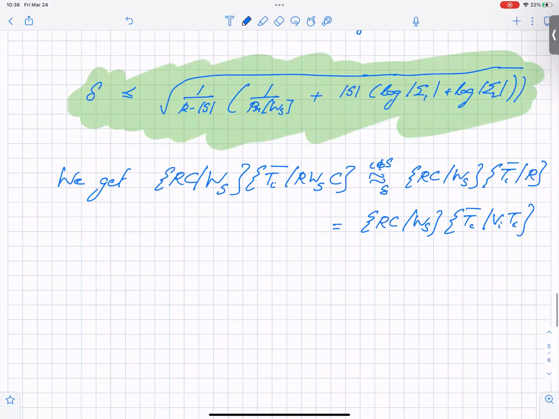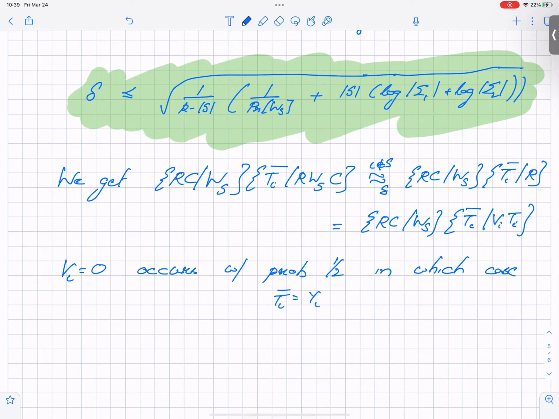So condition, fix Vi equals 0, which occurs with probability half. In which case Pi bar equals Yi and Ti equals Xi. So I want to just go to the particular event Vi is 0 and write the whole thing above.